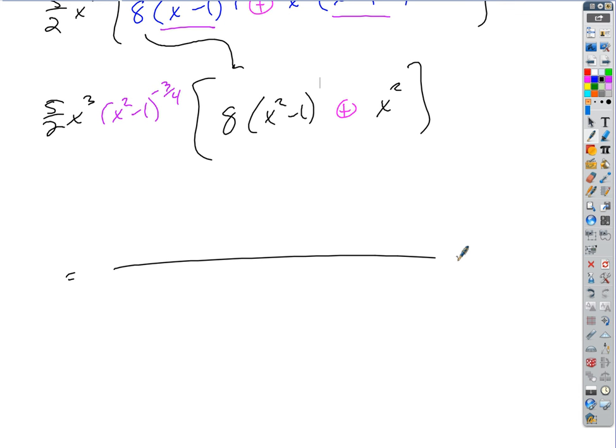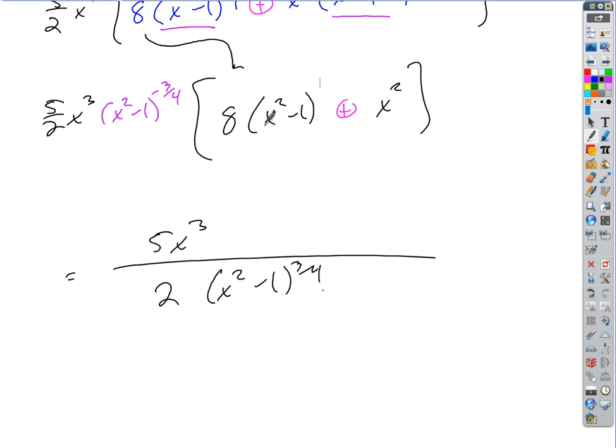So now we just draw one big bar that separates the numerator from the denominator. On the top, what do we get? A 5x cubed, and then this stuff. On the bottom, we sent the 2 to the bottom, we sent the negative exponent to the bottom, and then all this stuff just combines into one factor.